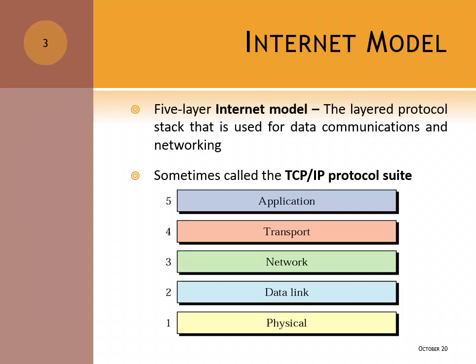What is TCP? Transmission Control Protocol, Internet Protocol. You can see here, based on this figure, we have 5 layers of internet model or TCP/IP protocol suite. On the top we have application layer, then followed by transport layer, going down network layer, data link layer, and physical layer.